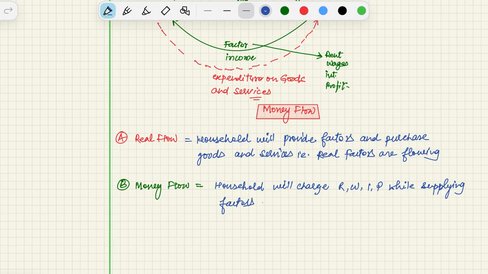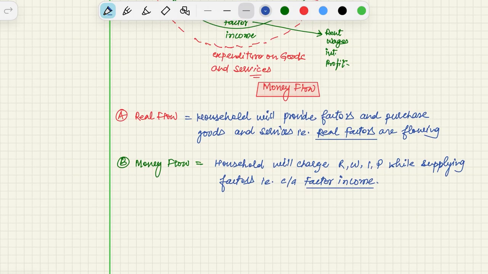That is called factor income. So here real factors are flowing, and in money flow income is flowing.